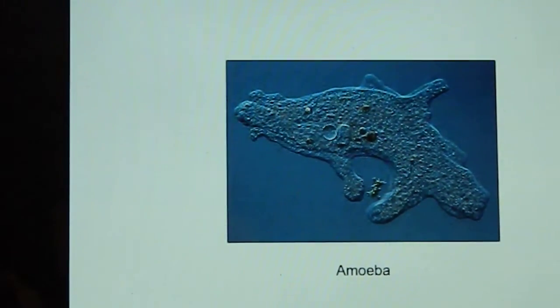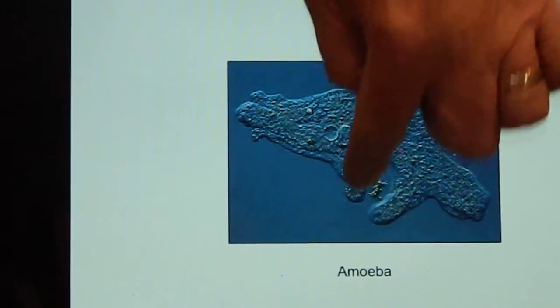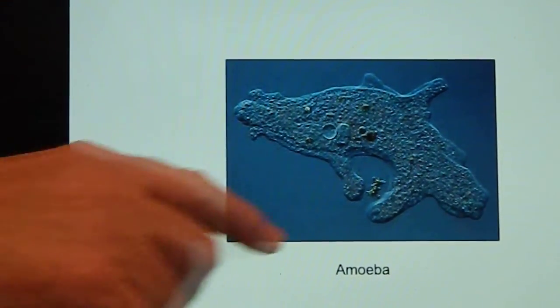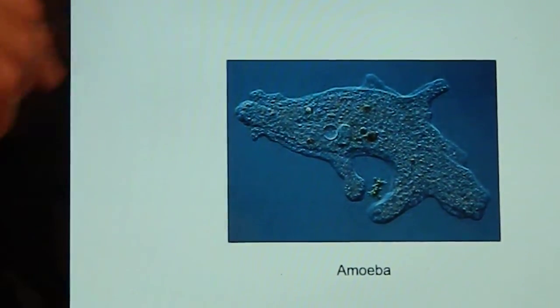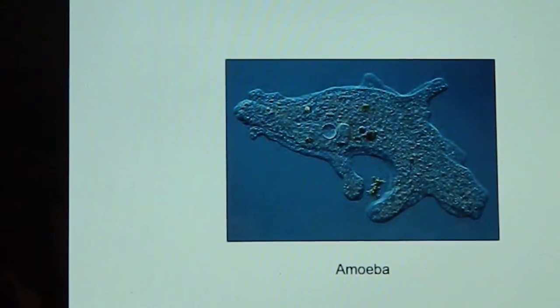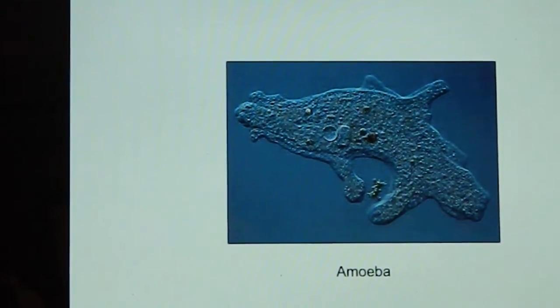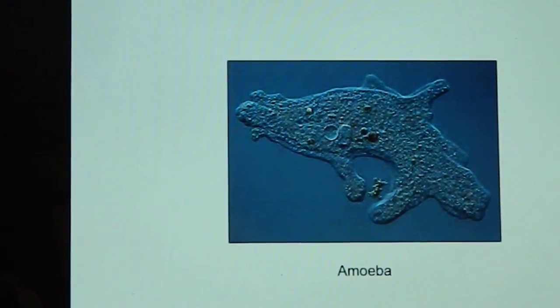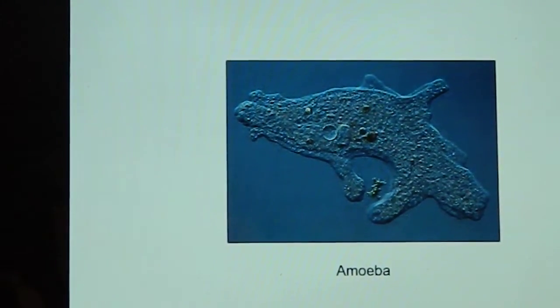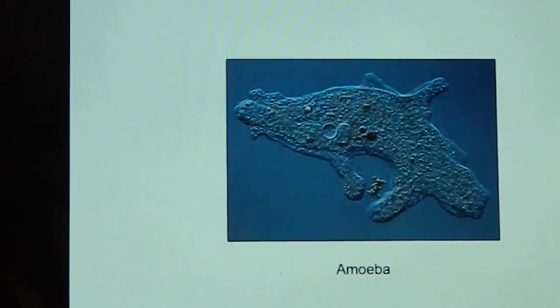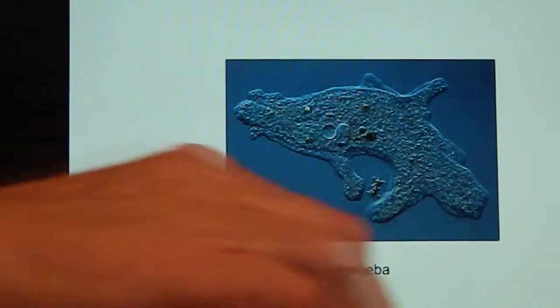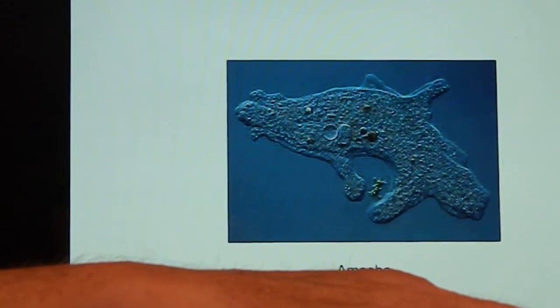That's how it moves. And then these two pseudopods are encircling a piece of food. As it gets into the body, those two pseudopods come together and it engulfs the food, and then the food is dissolved and allows for energy to occur within the amoeba.